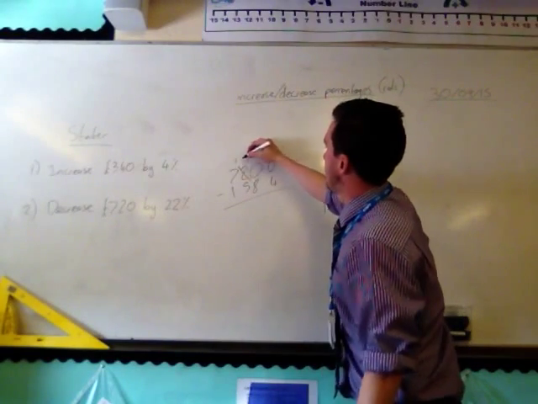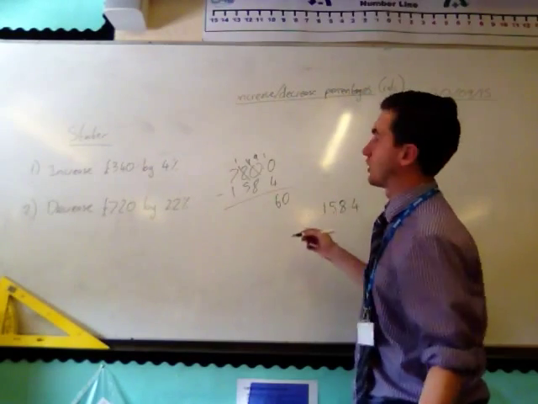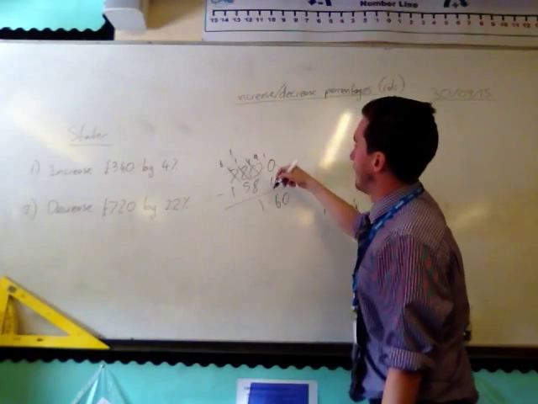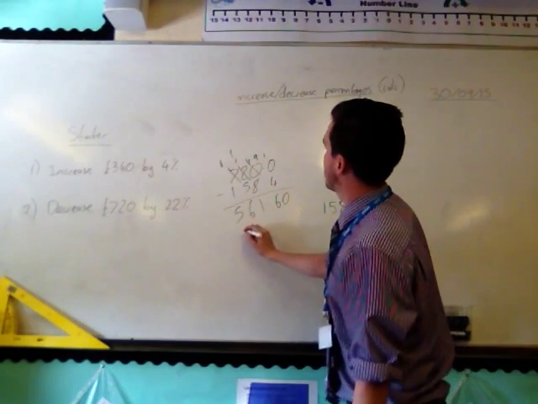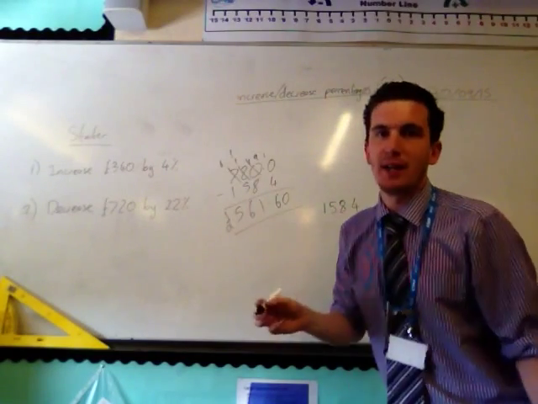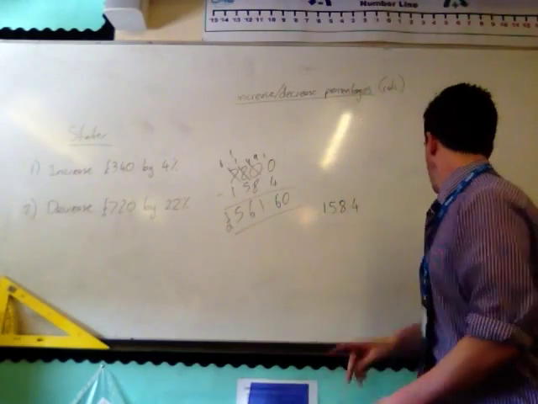So 60 because we're talking money. 9 take away 1, can't do that, that goes there. 11 take away 5, 6, it's there. £561 and 60 pence. And that is why we show our working out, ladies and gentlemen.